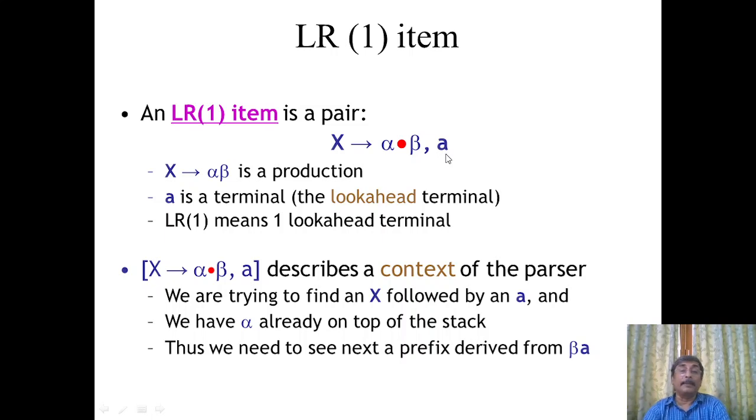So we are trying to find some x followed by a small a. But what we have at the top of the stack right now is some alpha, and beta is not there yet. We think that after beta is found, small a will follow. So the right part of my sentential form would be beta, then small a, and the remaining part of the sentence.